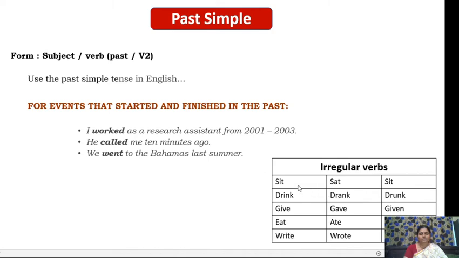See here, for example, sit is the verb, and in the V2 form the spelling has changed: sat. Drink becomes drank, give, gave, eat, ate, write, wrote. We should know the exact form of the verb before we use it for constructing a tense.